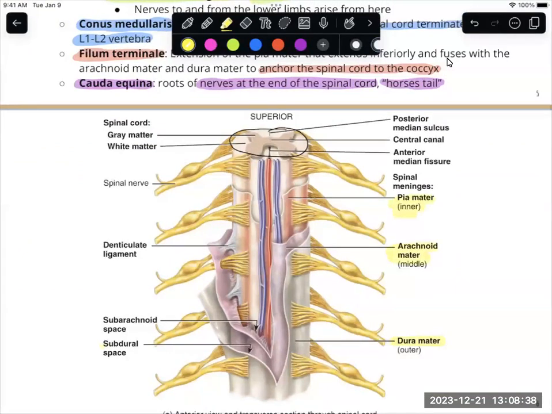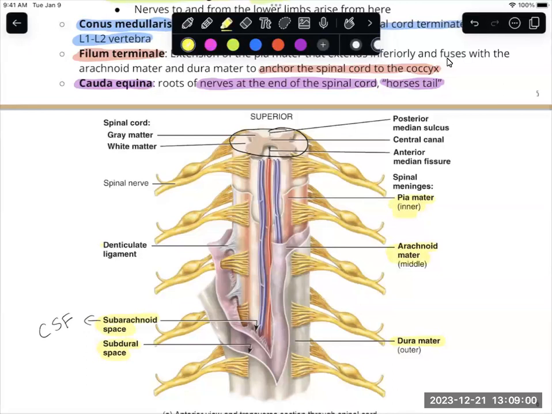The subdural space is between the dura mater and the arachnoid mater, the subarachnoid space between the arachnoid mater and the pia mater. This is where we find that cerebral spinal fluid, CSF.